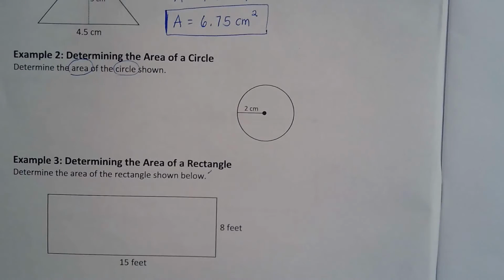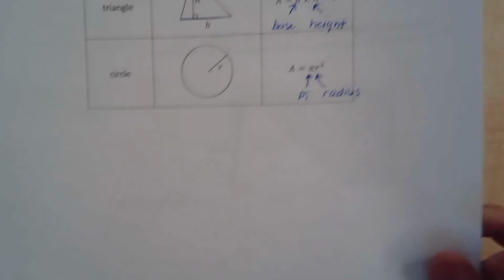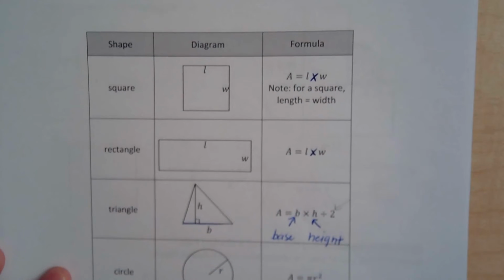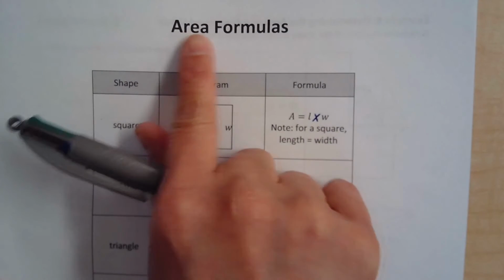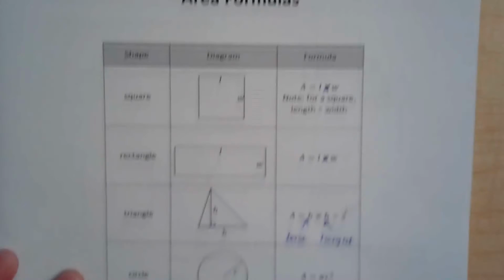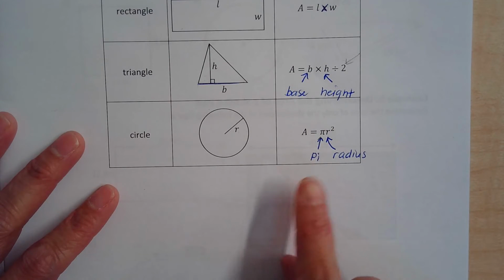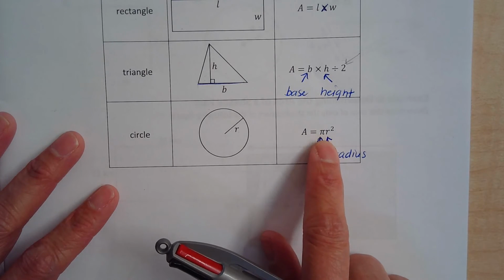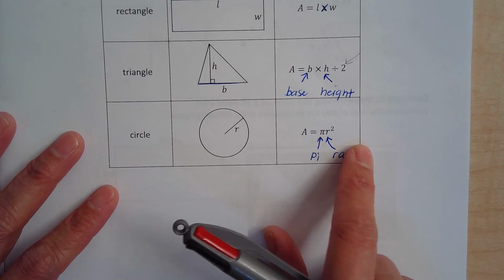So let's go here on our formula sheet. Okay, so area, where's that one? Area formula, circle. It's A equals pi times r squared.